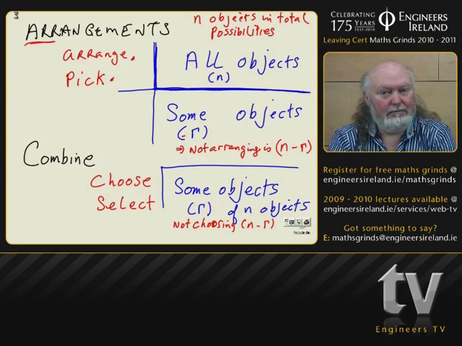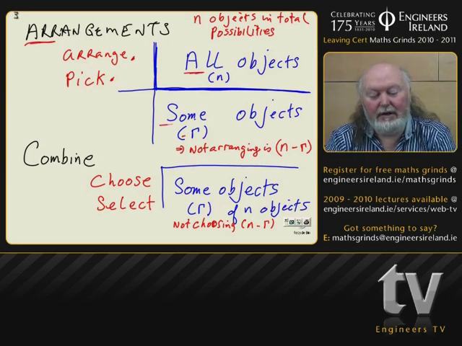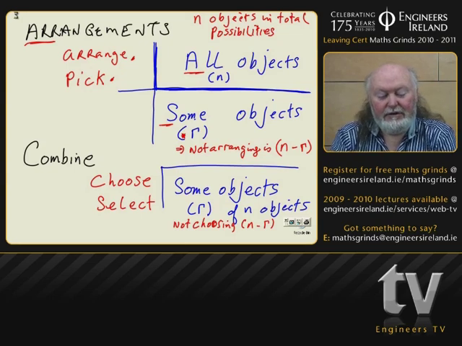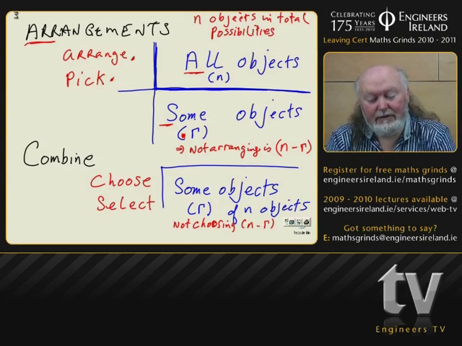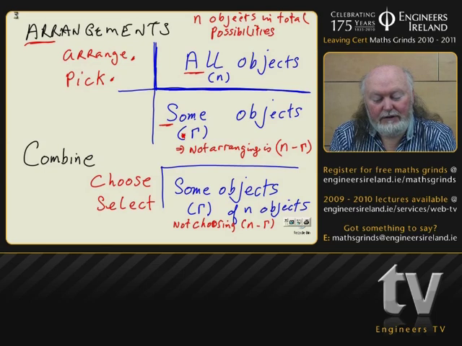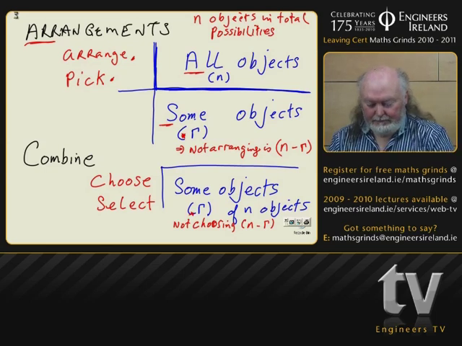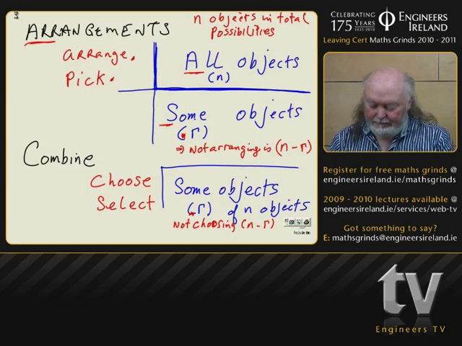If it's all, that'll be the first thing we're going to start looking at. If it's going to be some of the n objects, just r of them, saying that many of them, then we'll be just dealing with some objects, and combinations is choose or select, okay? And it's always choose some of the n objects. Let's see how it works.